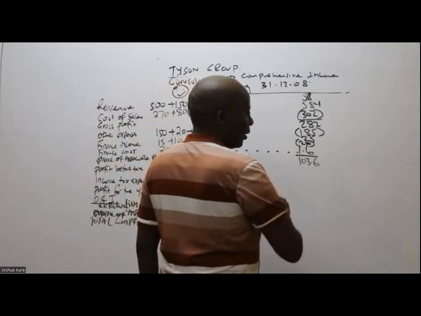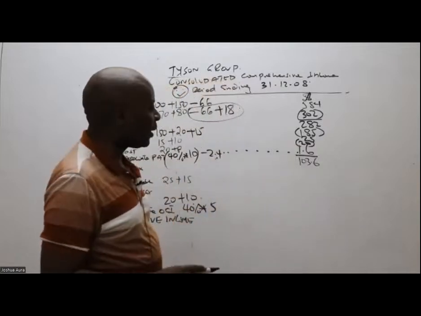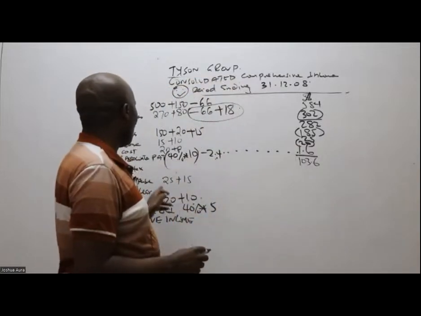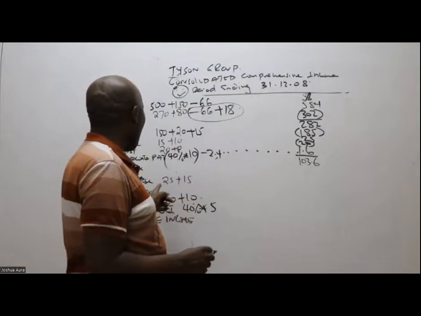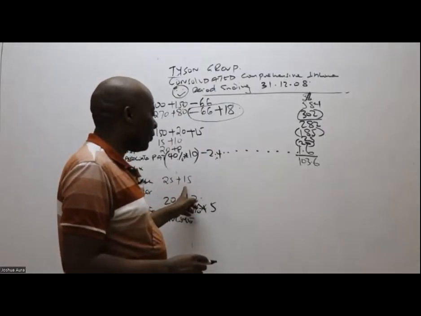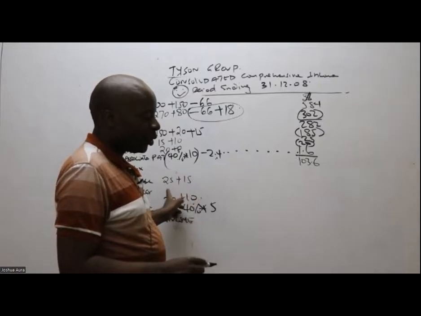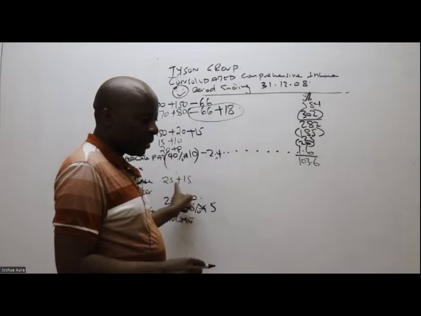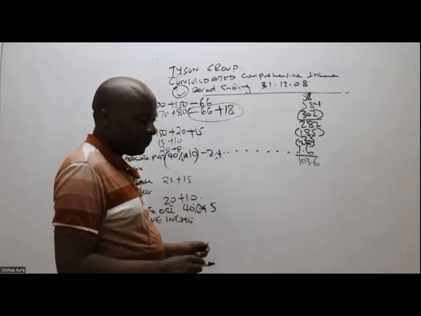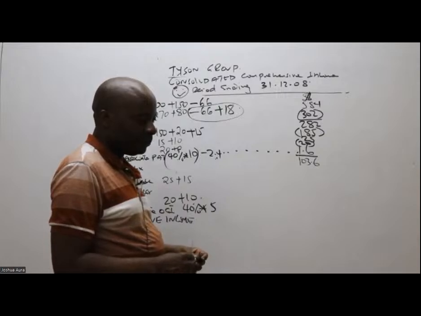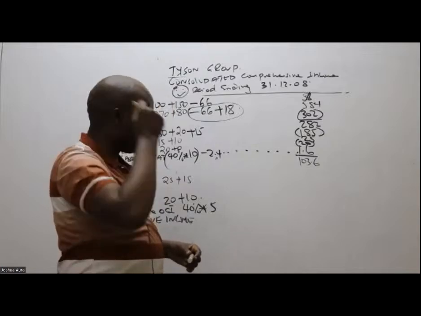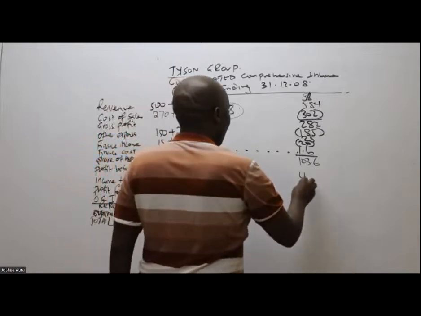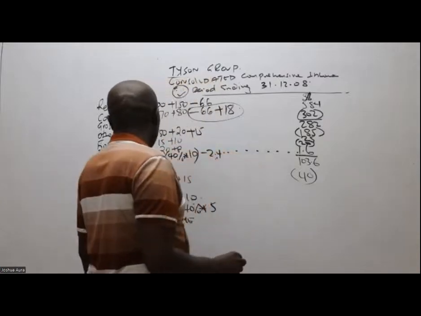I would want to confirm this, thank you so much. I can see many of them are giving me this. So profit before tax is 103.6. How about the income tax expense? 25 plus 15 must be 40. Thank you so much. That is the income tax expense.